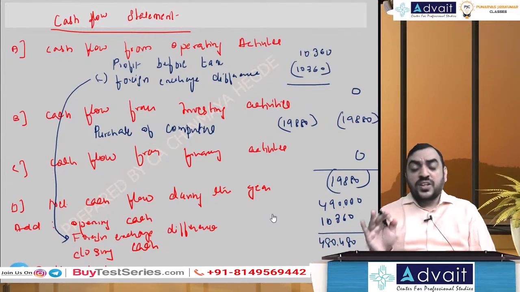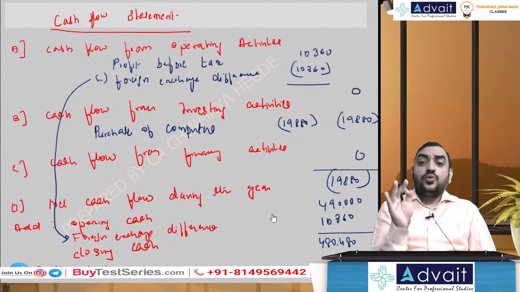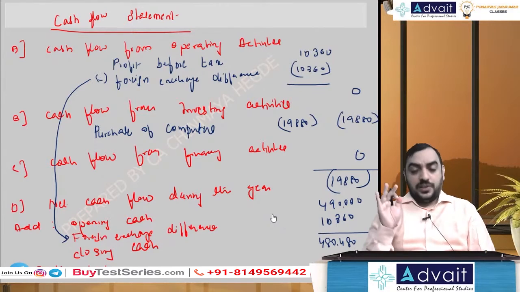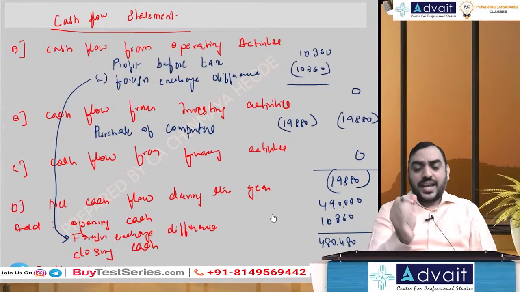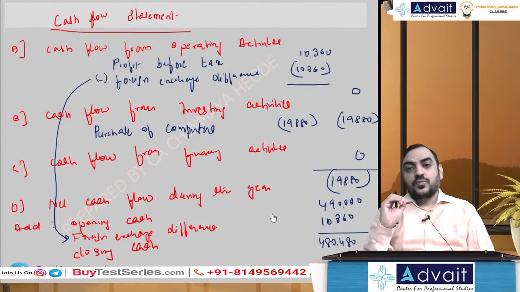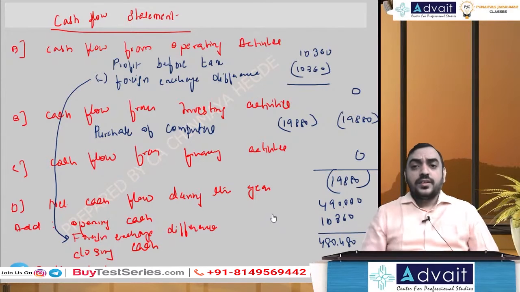I repeat the adjustment once more. When you have foreign currency in cash and cash equivalents, be it your own cash or branch cash, both are the same. What adjustment are you going to do?